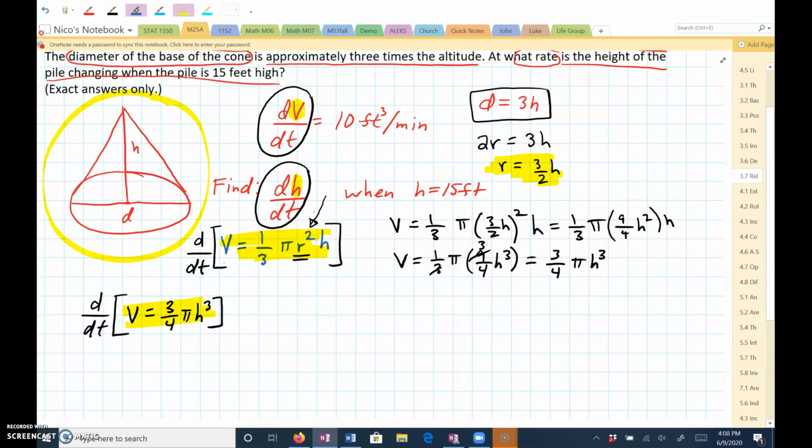Now we can take the derivative because all we have is the variables V and h. The derivative of V with respect to time is dV/dt. Then here we use the power rule: 3 times 3/4 is 9/4 pi h squared, and then the derivative of h with respect to t, which is dh/dt.